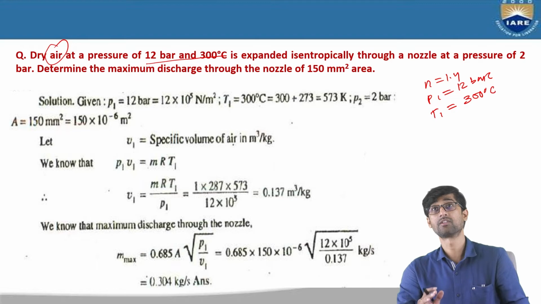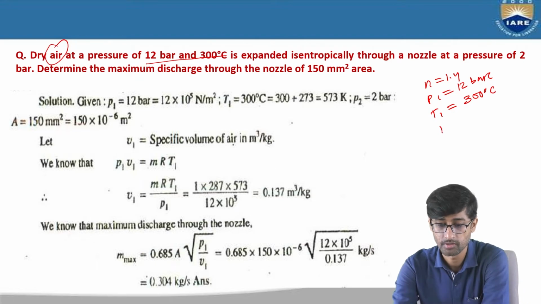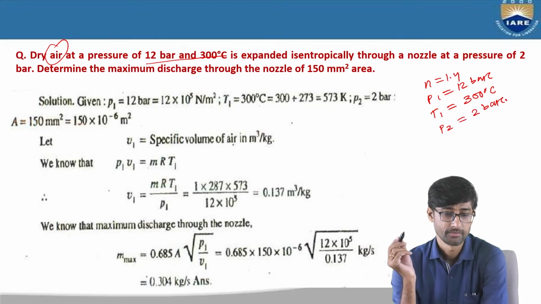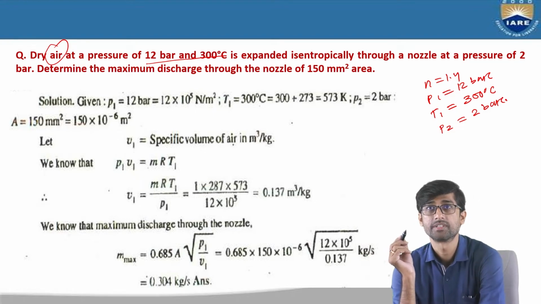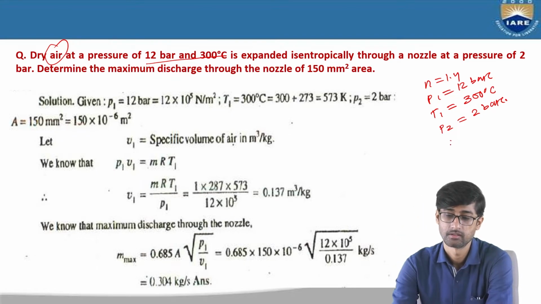It is expanded isentropically through a nozzle to a pressure of 2 bar, so P2 is equal to 2 bar. Determine the maximum discharge through the nozzle of area equal to 150 millimeter square.